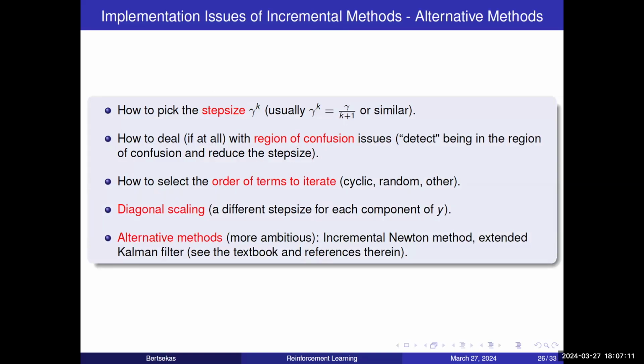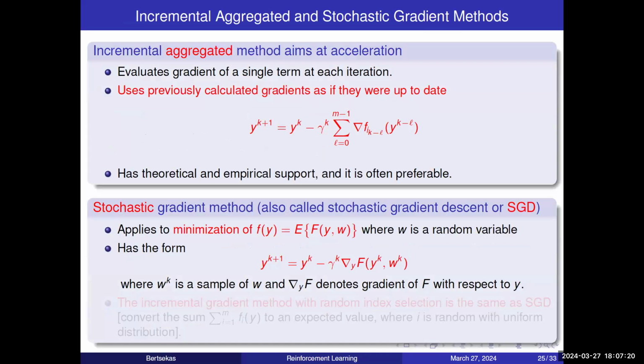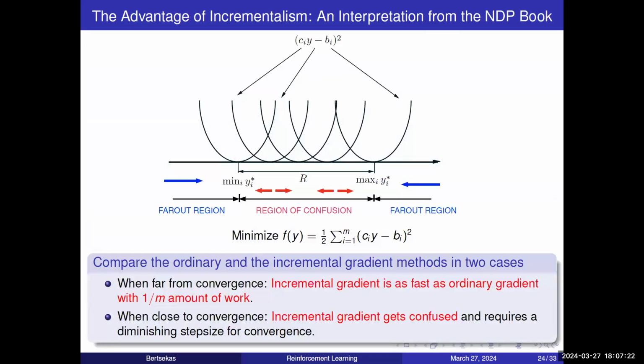Can you reiterate how you choose c_i and b_i? Those are parameters, right?